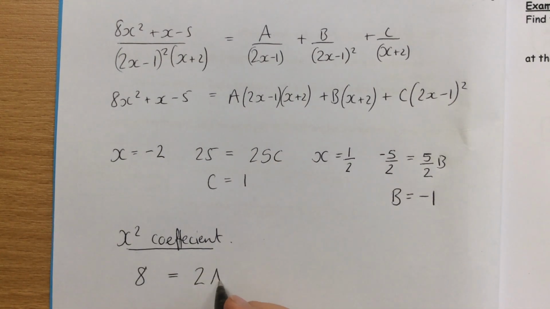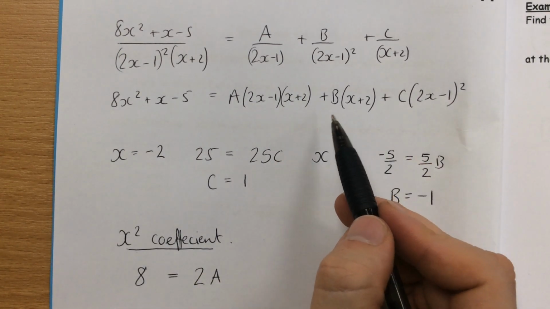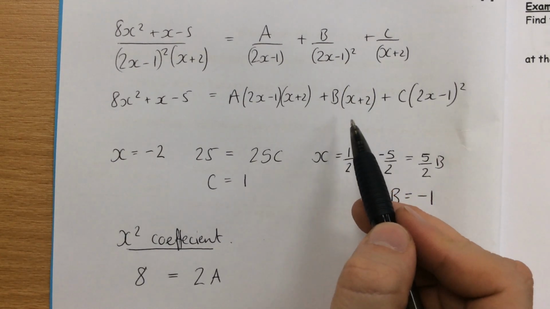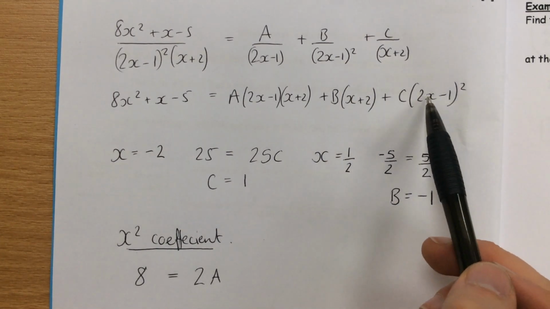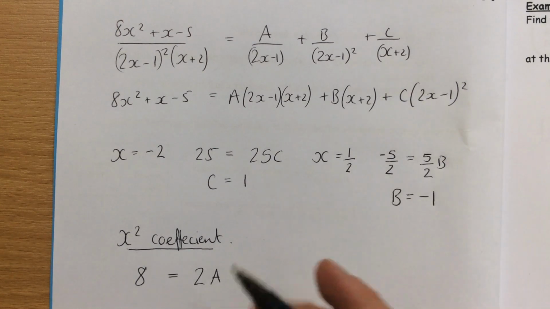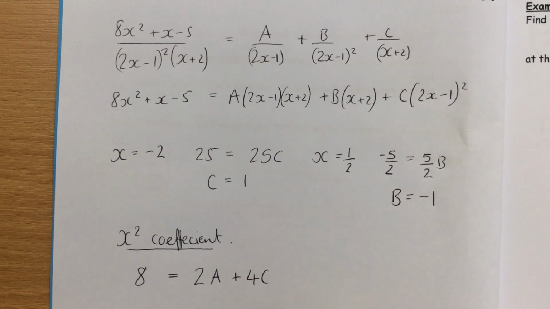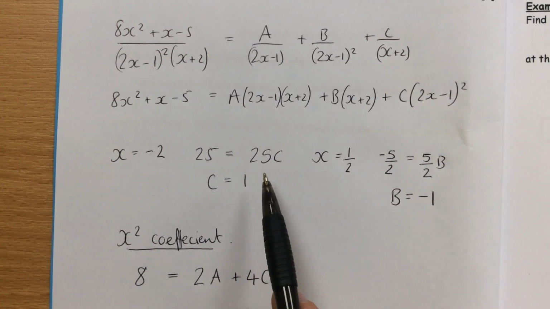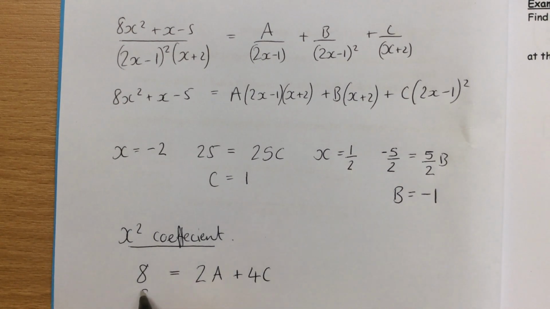So that's 2a in front of the x². If I expand that, I don't get any x². If I expand this, I would get 4x², which times c would give me 4c as the coefficient. We've already worked out c is 1, so we can just solve this equation to find a. So 8 equals 2a plus 4. So 4 equals 2a, so 2 equals a.